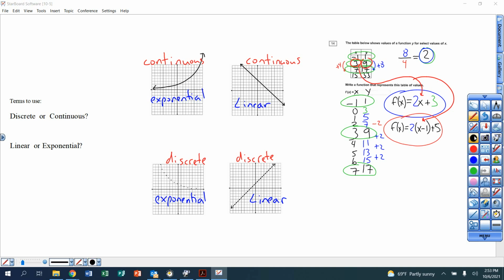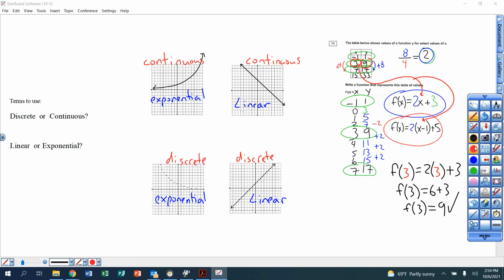Let's see if that works. So if I plug in 3 into this, and I plug in the 3 right here to do my math, when I plug in 3, my equation should spit out 9 if it's the right equation. Yes, it is. There's 9.